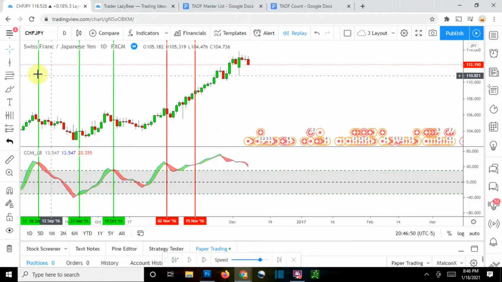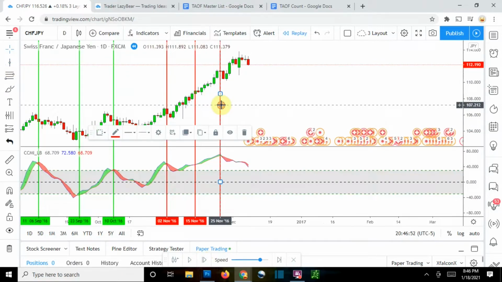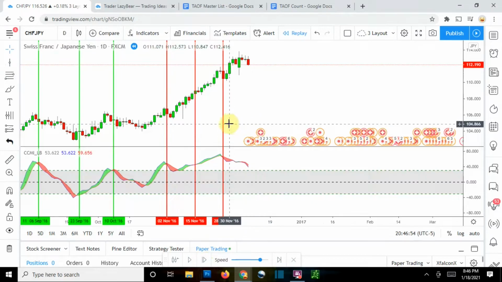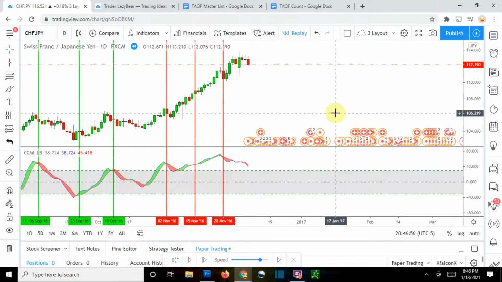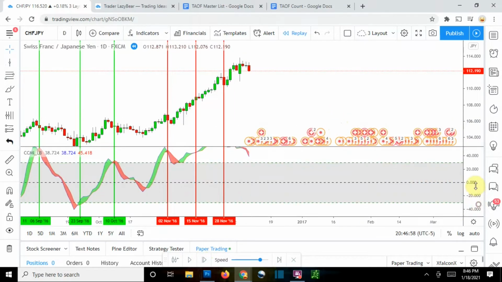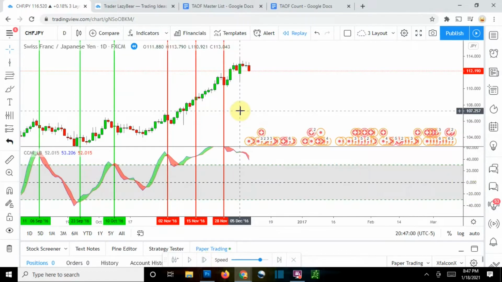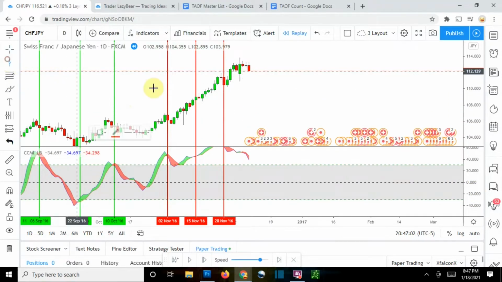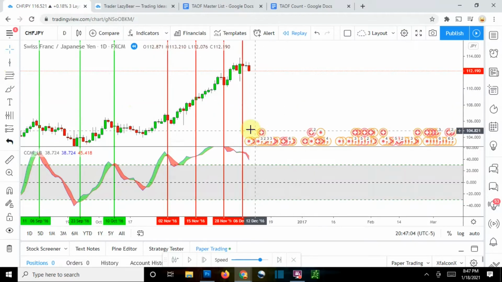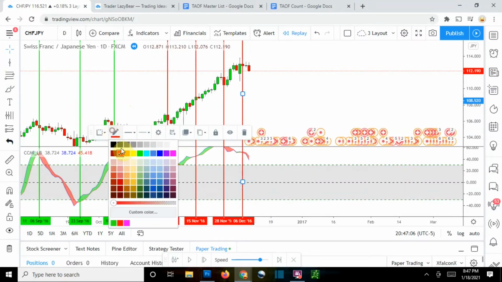Over here, we then pick up a short right there, and once again it didn't quite work out for us. A lot of momentum happening, and then lastly we get one right there.